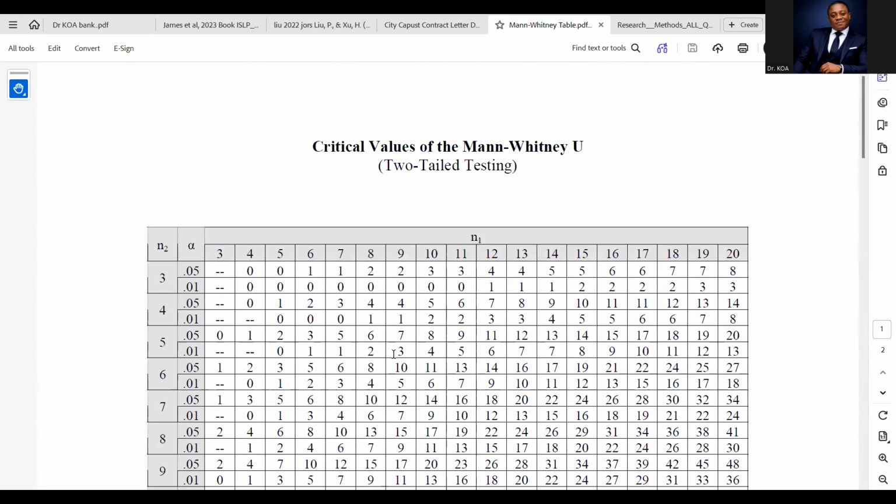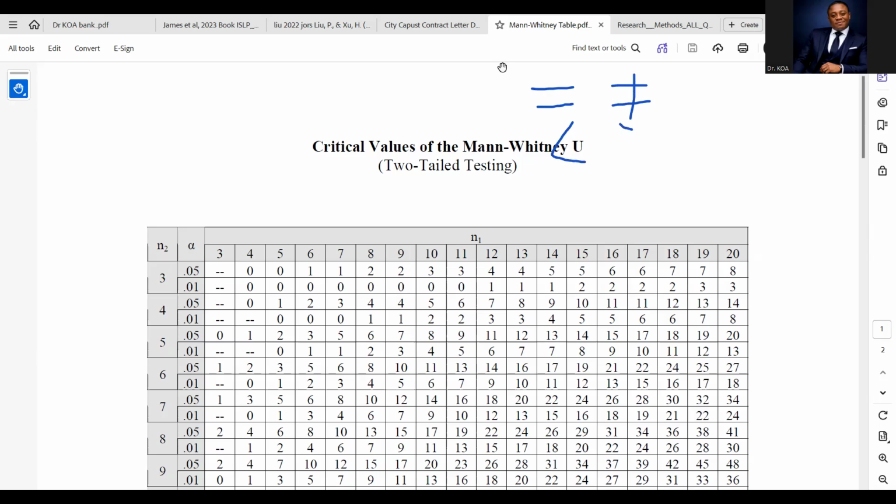Which one should you take? Well, the one you take comes from the hypothesis that you formulated. I'm sure you all remember the hypothesis that was formulated. Do you remember exactly what tail it was? For your information, whenever you are using equal to and not equal to, that is two tail.